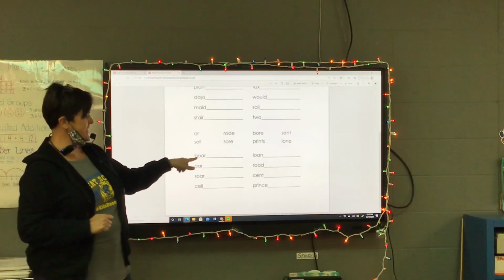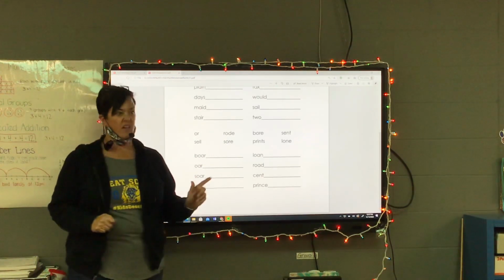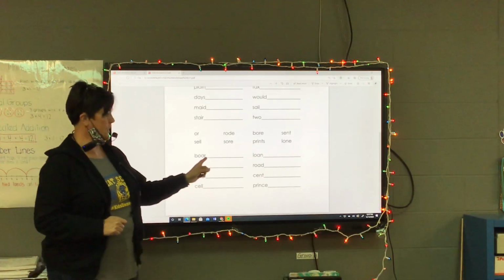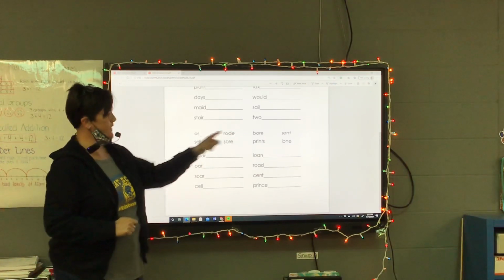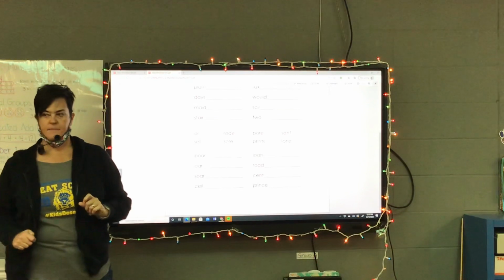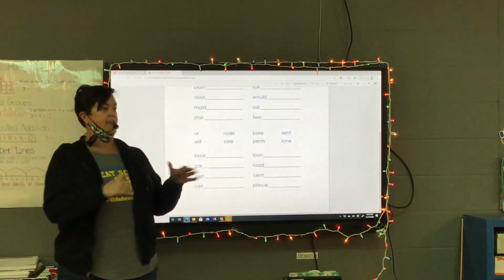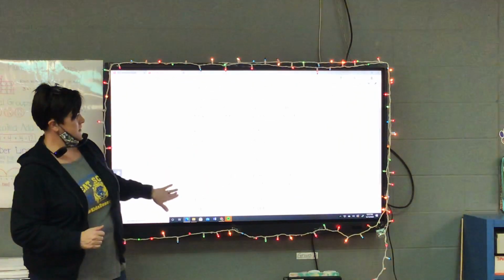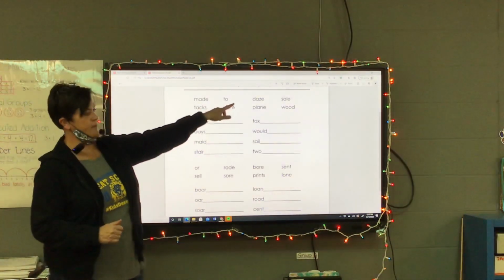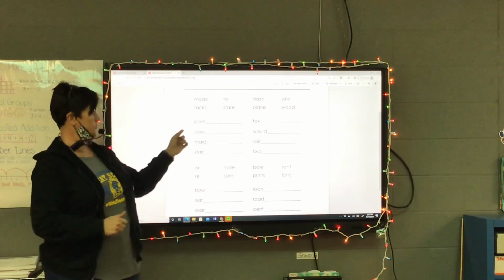Friends, this word is boar. This is like a wild pig. Okay, boar. Do you see the other boar in this group of words? Point to it. So that would be the word that you write beside this boar. And that would be the word up there that you pointed to that you would write beside the word plane.